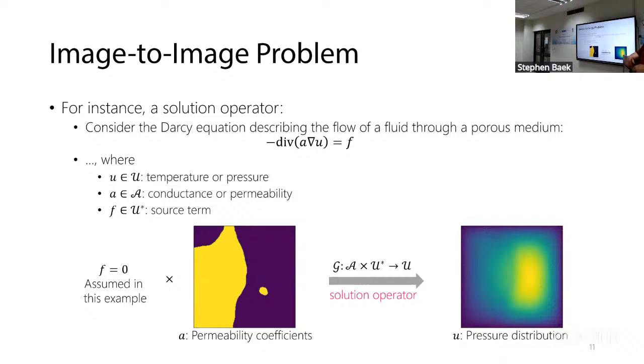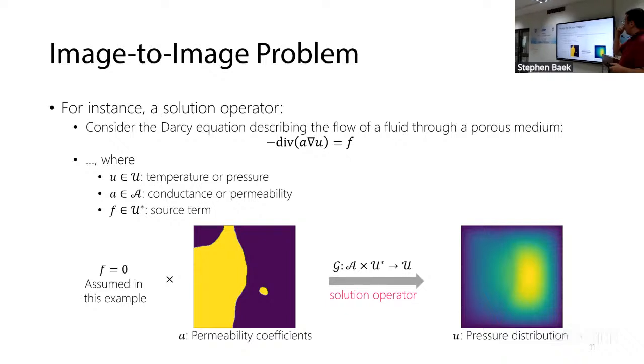Okay, so to help you connect the dots a little better, here's a physics problem that can be considered as an image-to-image problem. The Darcy flow is a flow of water, basically, or flow of some fluid inside of a porous medium.